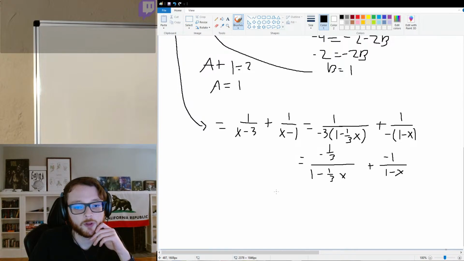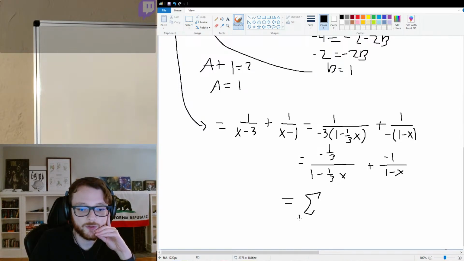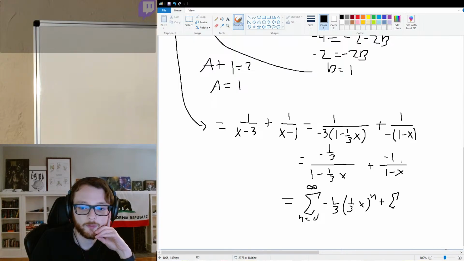Now let's make it a geometric series. n equals 0 to infinity, negative a third times positive a third x to the n, plus, now this other one gets its own series, although we can actually combine them in a second if we wanted.